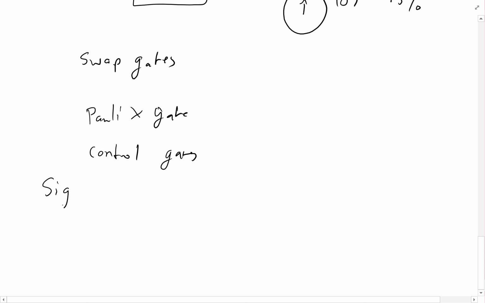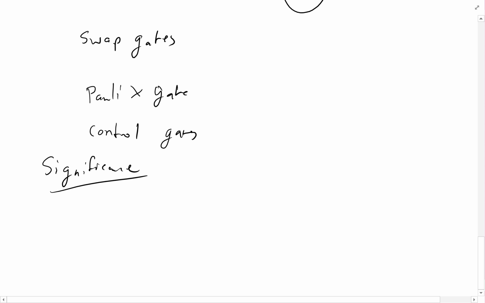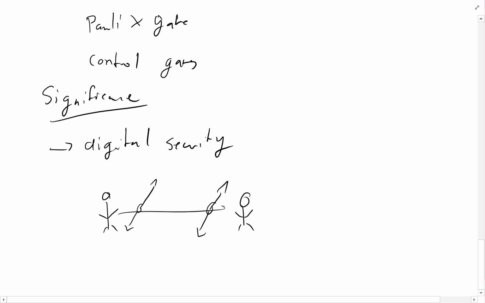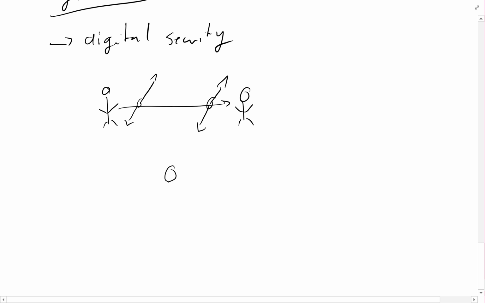The significance of quantum computers lies in, first of all, digital security. If two people are trying to communicate, they can do so through qubits and fiber optic cable. If someone is trying to listen in on the conversation, they must measure these qubits.